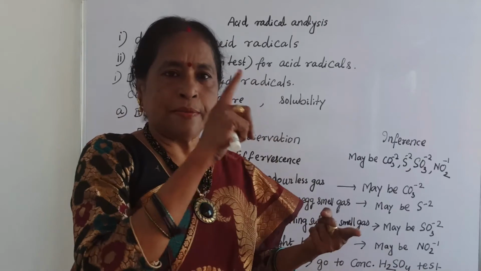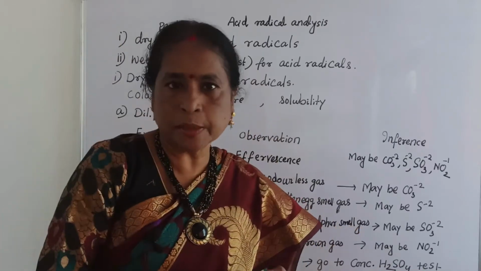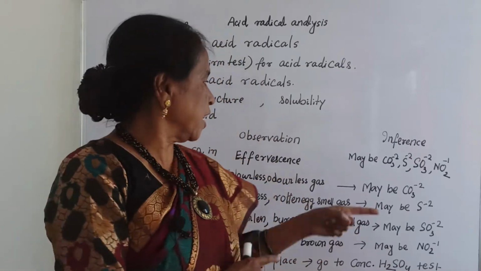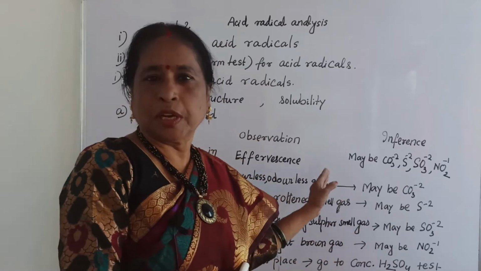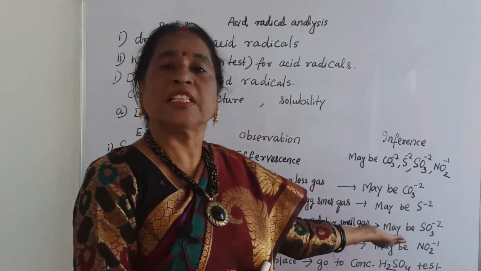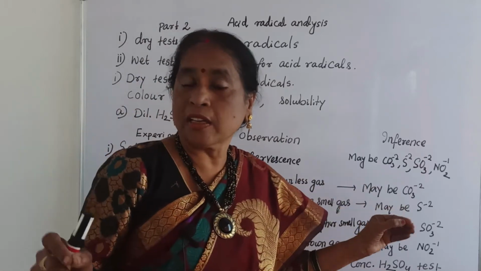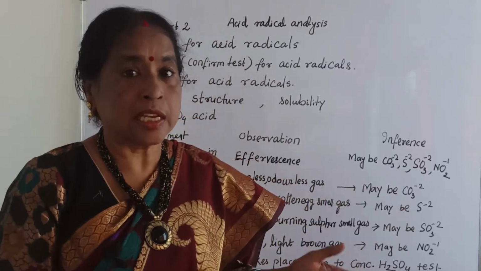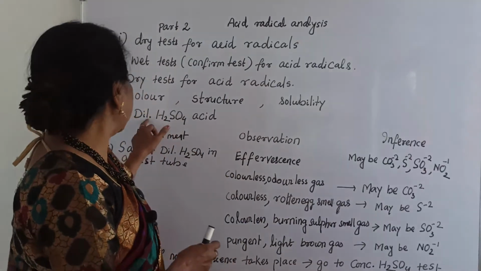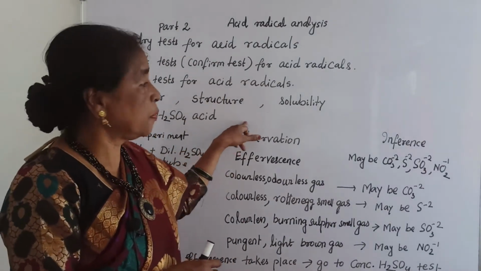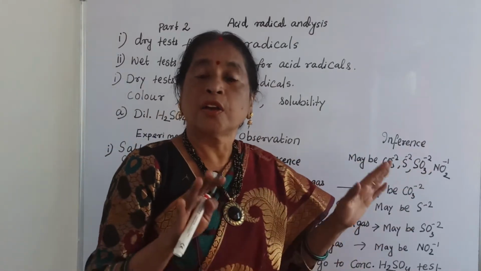If the dilute sulfuric acid test is positive, then from the gases you can observe, you can say which one may be present. If there is no evolution of gas, then you are sure that dilute sulfuric acid group acid radicals are not present.